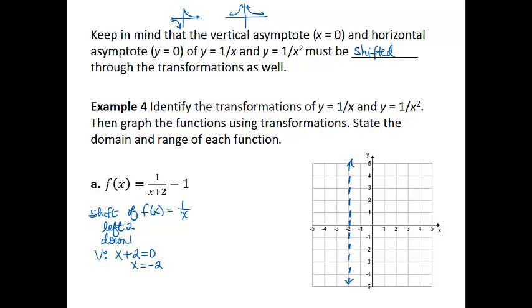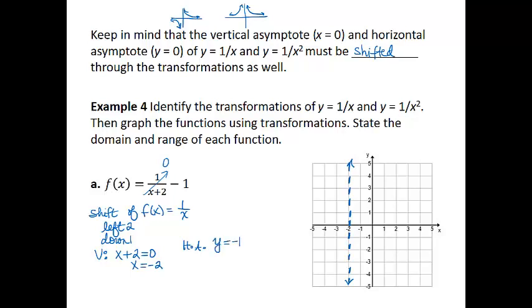Now, our horizontal asymptote: remember how we talked about that if the degree of the denominator is larger than the degree of the numerator, the horizontal asymptote is y equals 0. Well, what happens is that that quantity goes to 0 as x gets really, really large, and so the whole quantity would be at 0 minus 1, or negative 1.